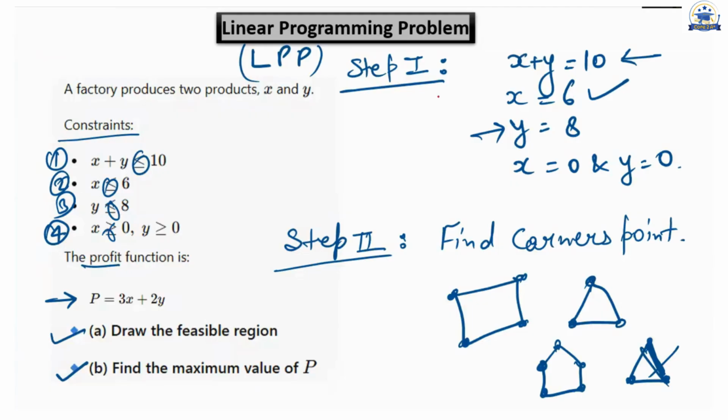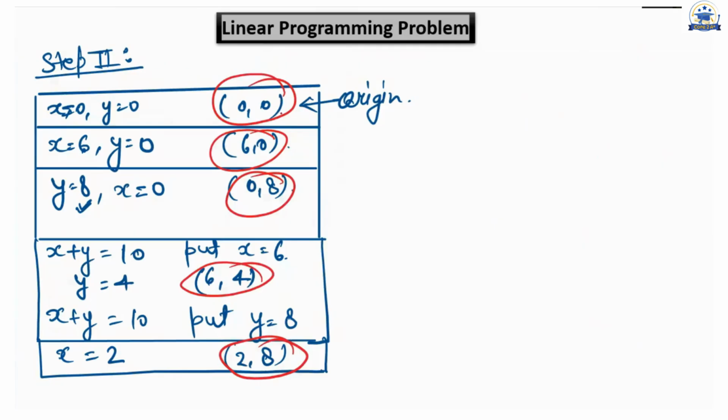First step, you have to make it an equal sign. In the second step, you have to find the corner points, corner coordinates, right? Because it is a bounded shape. That's why.